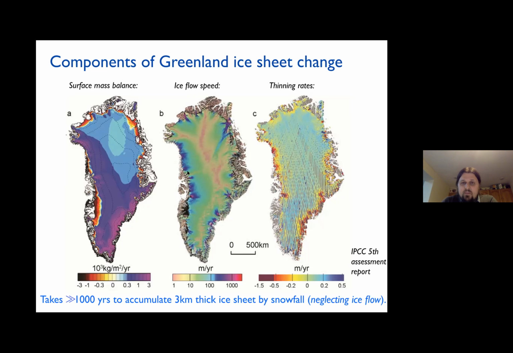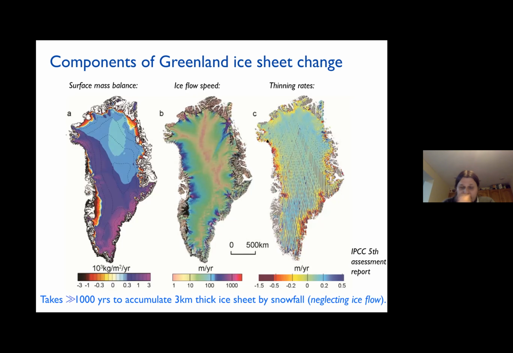And one other thing that you can pick out from satellite measurements, so I should have said, this left-hand panel comes from a combination of meteorological data, and then this is post-processed through an atmospheric circulation model to try and predict the precipitation or the surface mass balance.